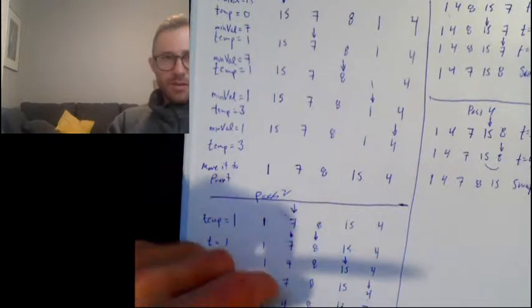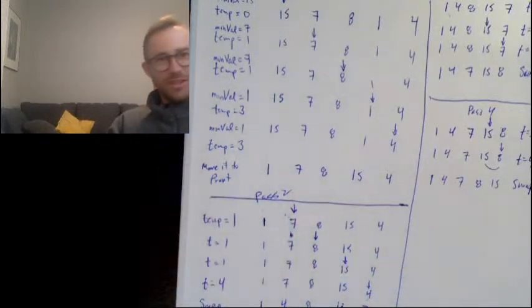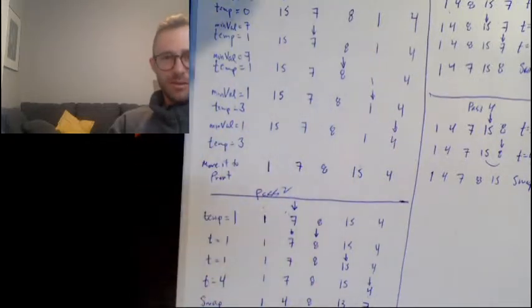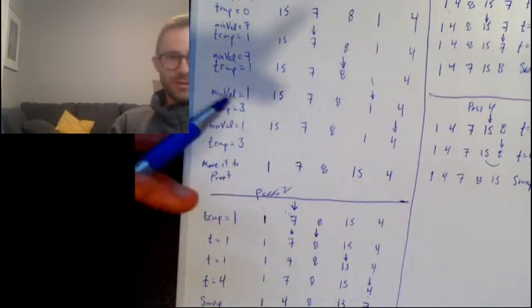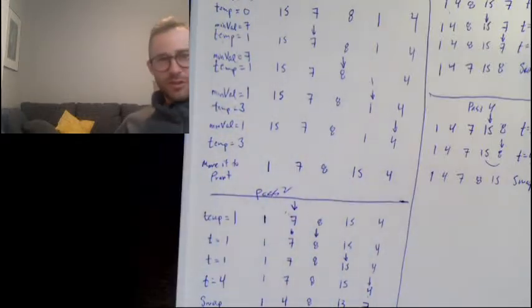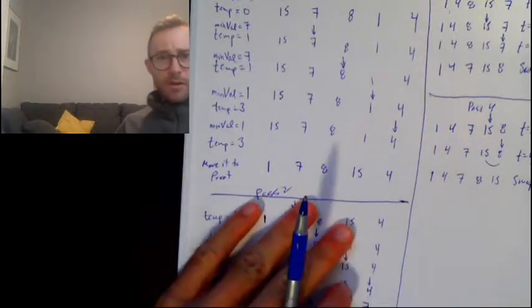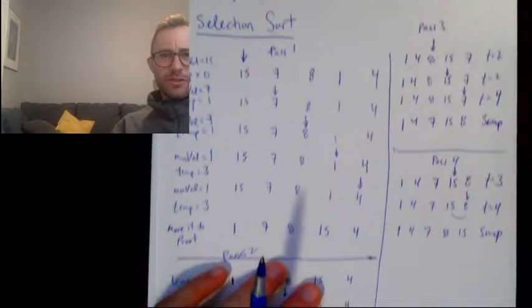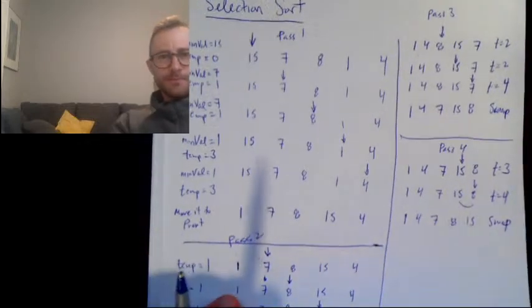I was looking at the IB curriculum and they don't really have any of the efficient sorting algorithms. They only have like the worst sorting algorithms. So I think they're just trying to introduce you to the idea of sorting. Okay, so that is called selection sort.